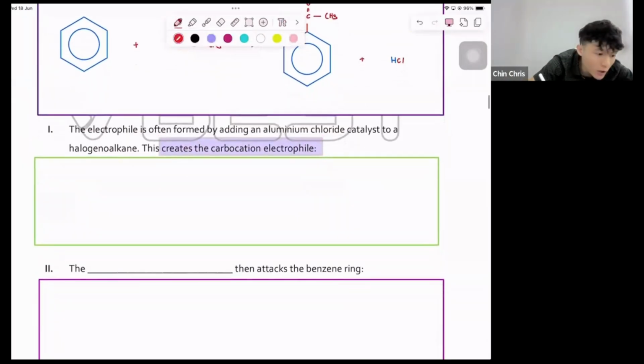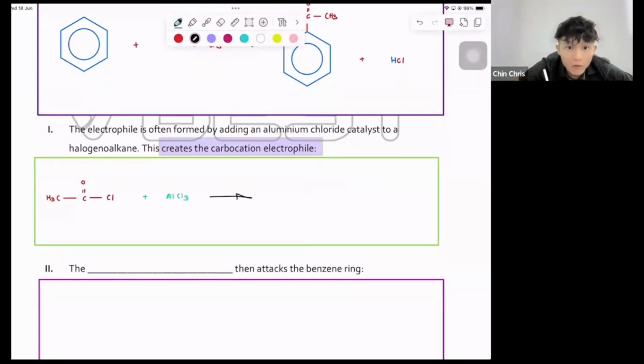All right, guys, now let me show you how the reaction looks like. I have a CH3, C double bond O, and a Cl. I'm going to add it with AlCl3. What is it going to turn into? You should remember how it breaks. Delta plus, delta minus, break here, electrons fly here, correct?